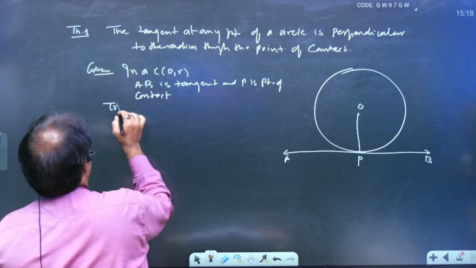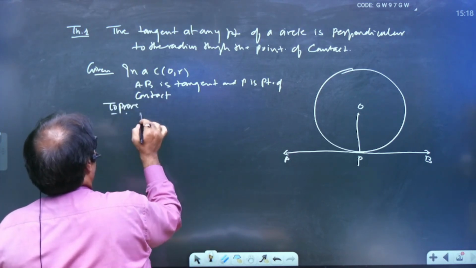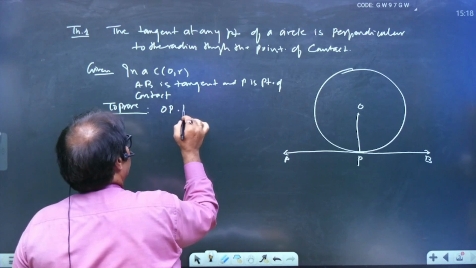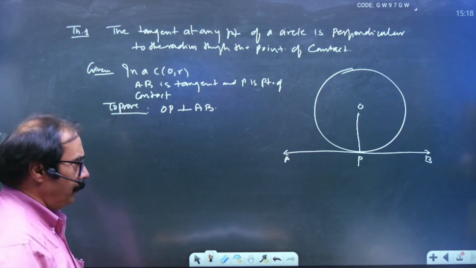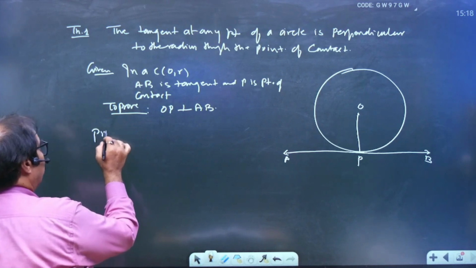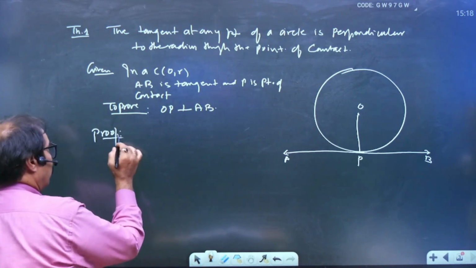Then to prove: OP is perpendicular to AB. This we have to prove. Now come to the proof.